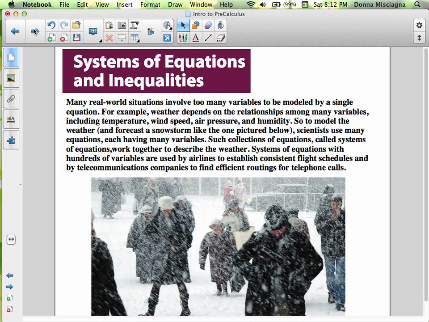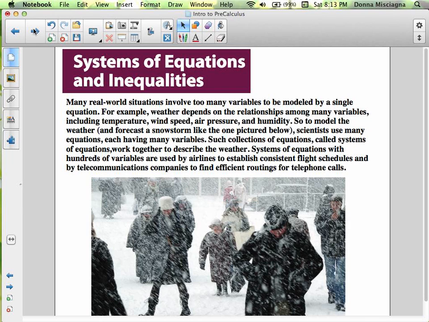Systems of equations with hundreds of variables are used by airlines to establish consistent flight schedules and by telecommunication companies to find efficient routings for telephone calls. Okay? So, if it wasn't for systems of equations, it would be just impossible for an airline, for instance, to schedule all of its flights. Right?